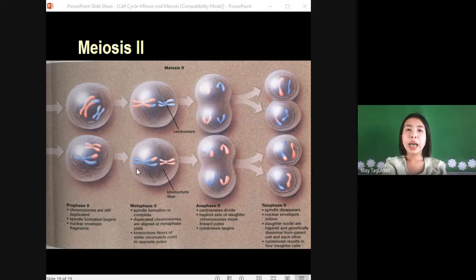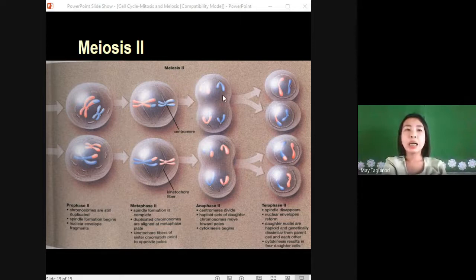And in metaphase 2, the chromosomes line up on the metaphase plate. Next is anaphase 2. Here, the centromeres split and the sister chromatids separate and move to opposite sides of the cell.